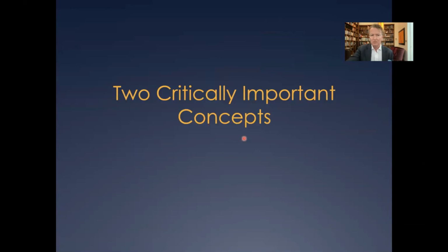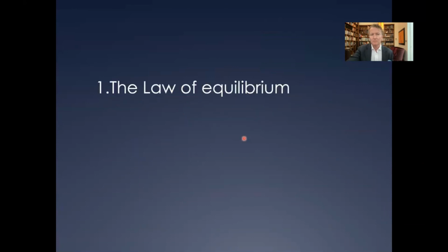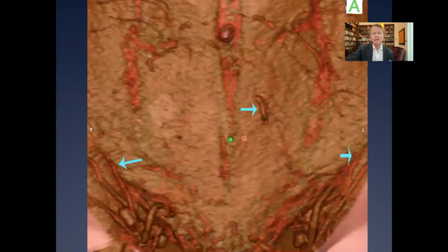There are two additional critically important concepts. The first is the law of equilibrium. What I mean by that is that if you have a system, there will always be one dominant perforator, and on the opposite side, the corresponding counterpart will be small, and then the other system will be necessarily large, and its counterpart will be small.